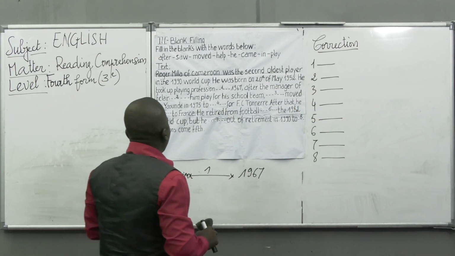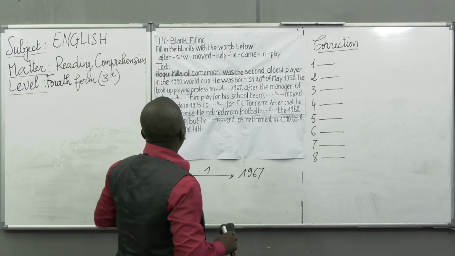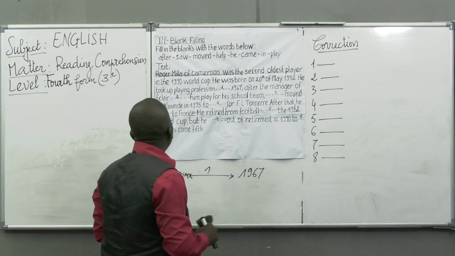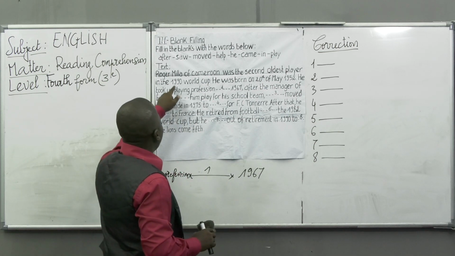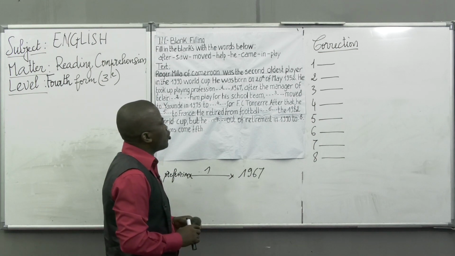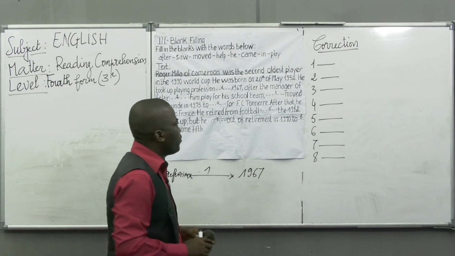Good. Now, number 1, let's read the text. Roger Milla of Cameroon was the second oldest player in the 1990 World Cup. He was born on the 20th of May, 1952.